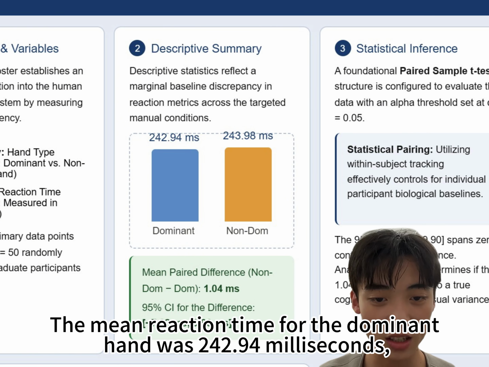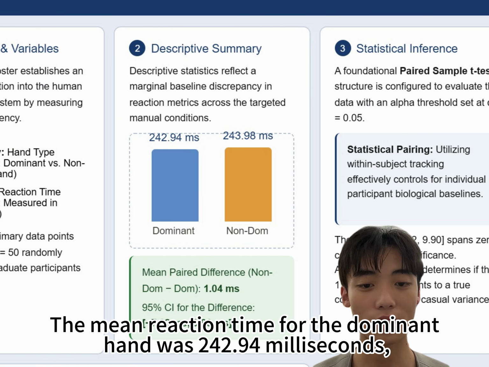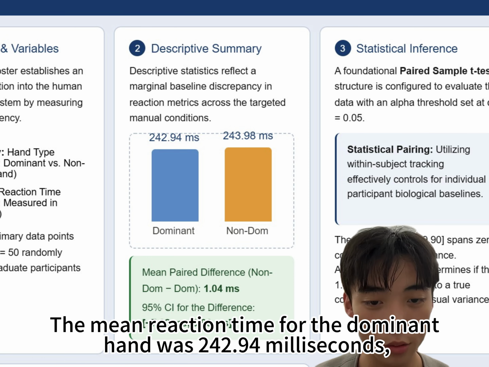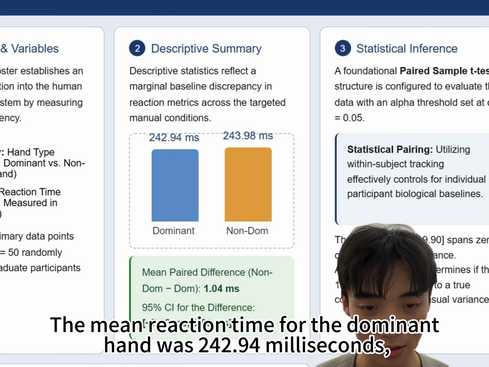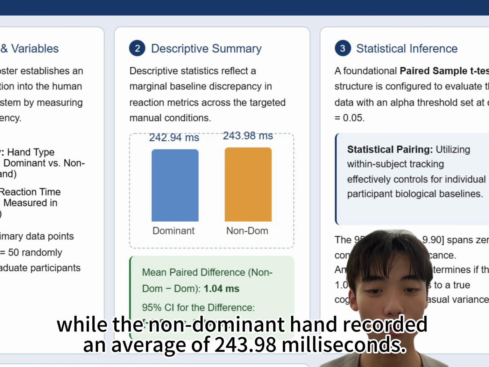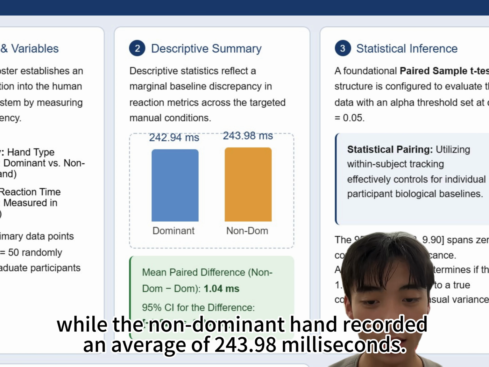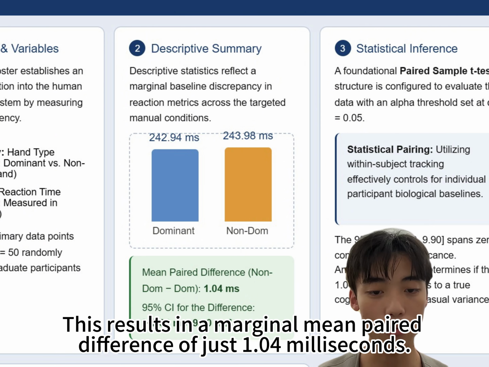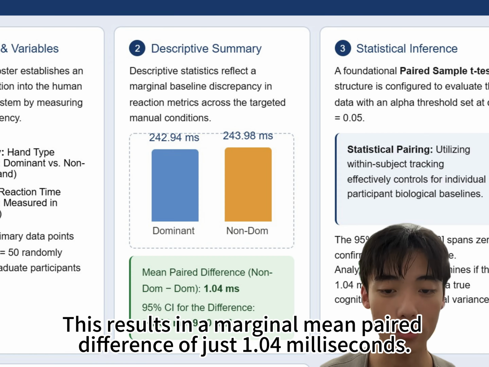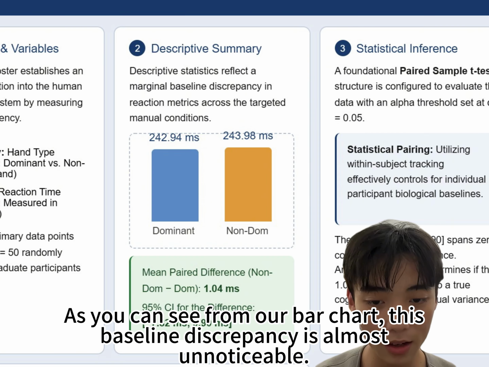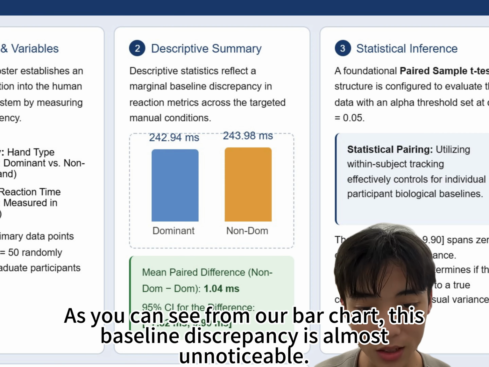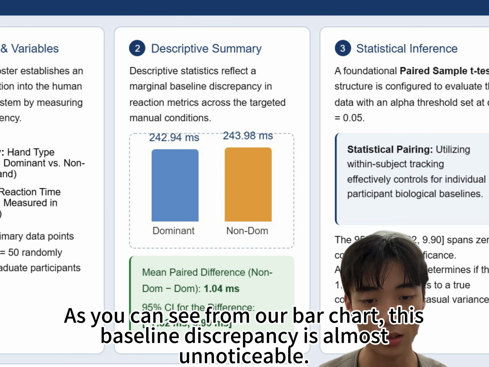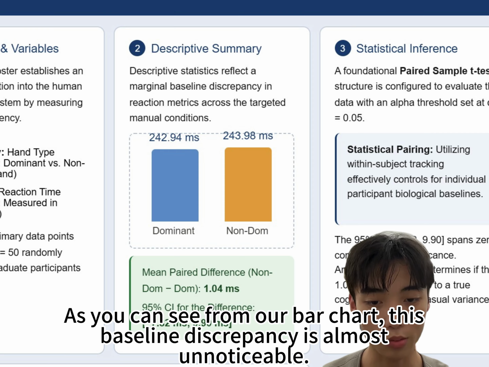The mean reaction time for the dominant hand was 242.94 milliseconds, while the non-dominant hand recorded an average of 243.98 milliseconds. This resulted in a marginal mean paired difference of just 1.04 milliseconds. As you can see from our bar chart, this baseline discrepancy is almost unnoticeable.